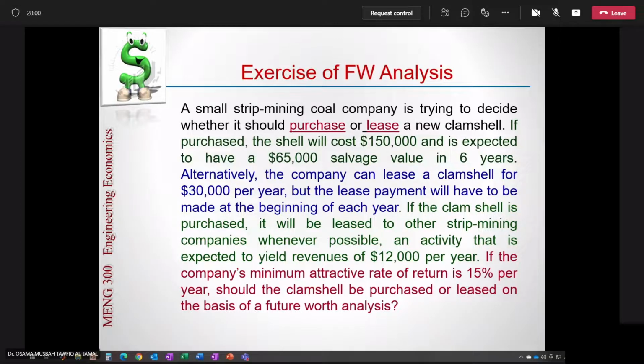When to use the future worth analysis? Sometimes we need to use it, for example, to calculate how much I'm supposed to have at this time or in this year. That's what we call wealth.